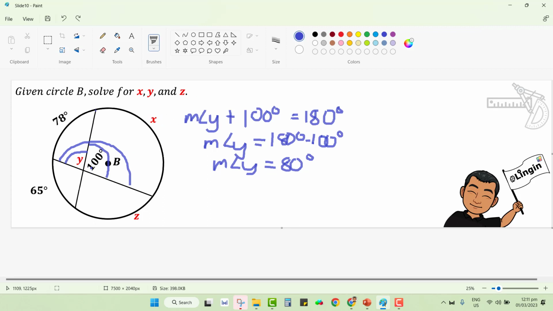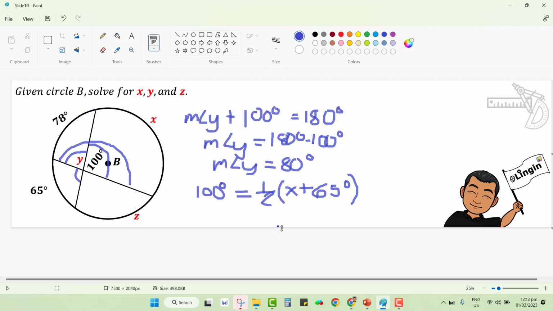So again, this 100 degrees is equal to the average of its intercepted arc, which is labeled as x here, and the intercepted arc of its vertical angle. This is the vertical angle of 100 degrees, and its intercepted arc measures 65 degrees. So this is the equation that can be used to solve for x.